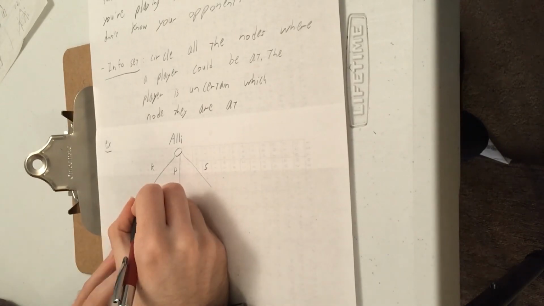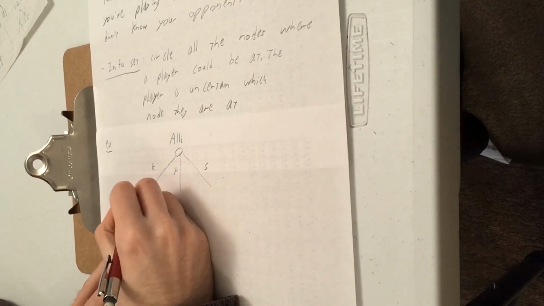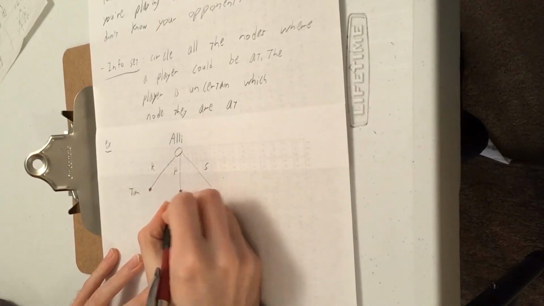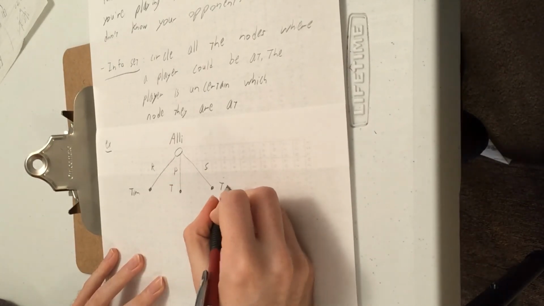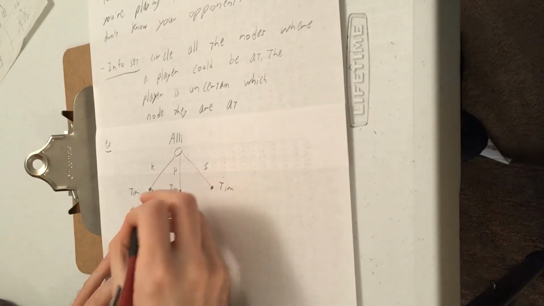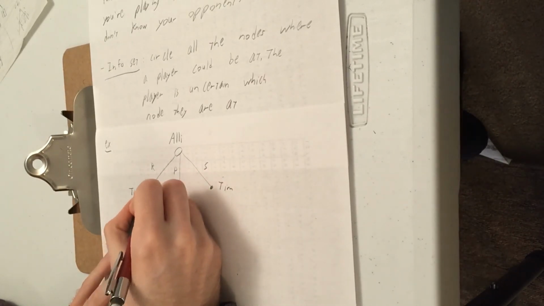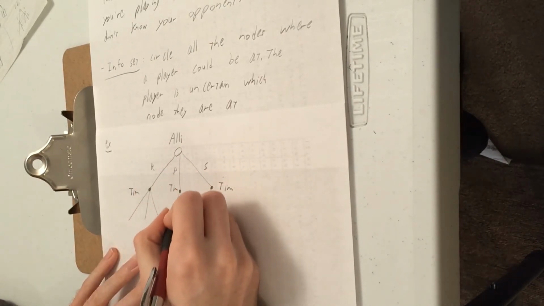Who's Allie playing against? One of our other volunteers was Tim. Tim also has those options of rock, paper, or scissors.